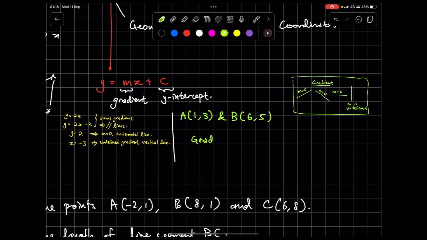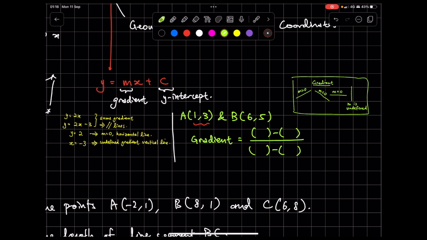The gradient, I'm going to do it like this. I'm going to use A first. Instead of writing, I'm going to write a fraction, and then something minus something over something minus something. I'm going to put brackets. These brackets are kind of like a fill in the blanks, right? I just need to plug in some numbers.